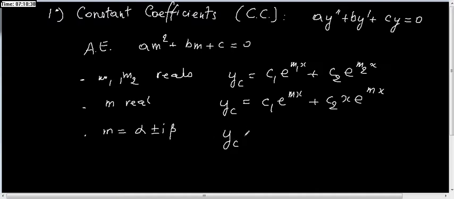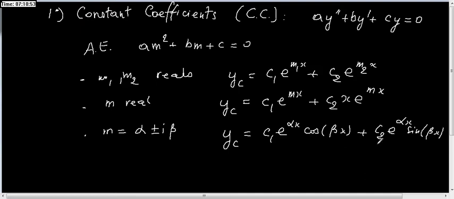In that case, yc will be c1 e^(alpha x) cosine beta x + c2 e^(alpha x) sine beta x.